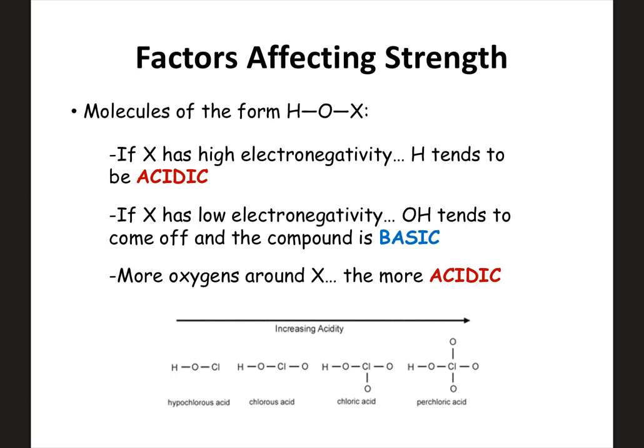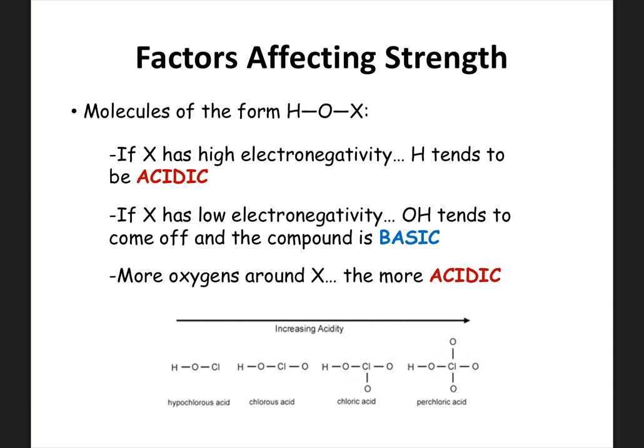Also, anytime you have more oxygens around a particular element, the more acidic it gets. All right, so if we look at, for example, HOCl, hypochlorous acid, all right, it's an acid, but it's not too acidic. As we add oxygens around the chlorine, notice what happens.